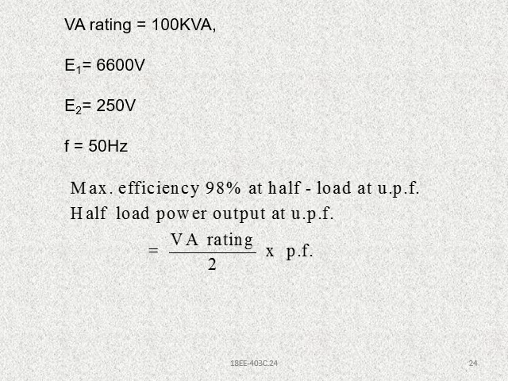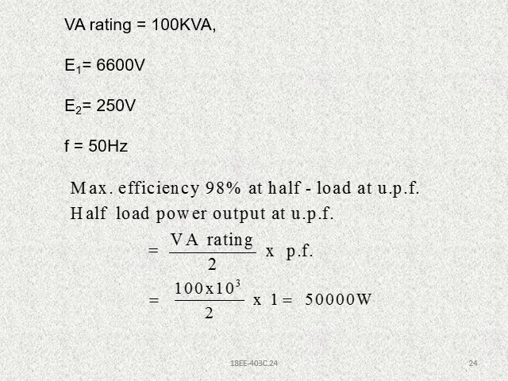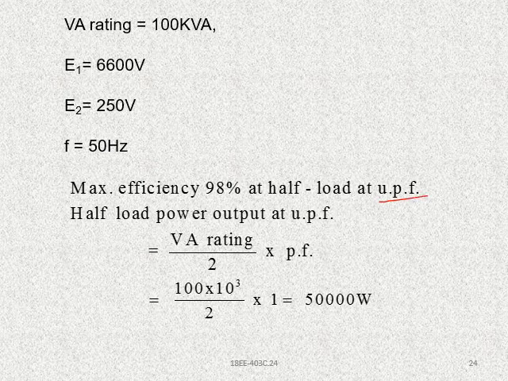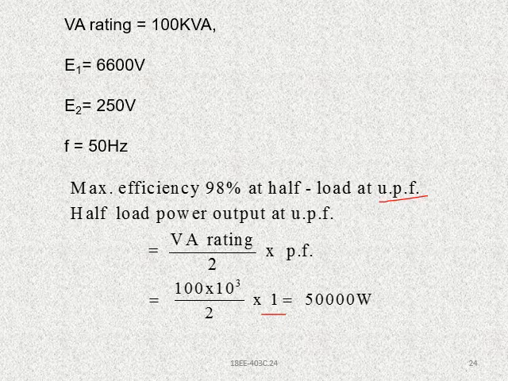If it is copper loss, we need to take half squared, but for the power it is just half. So VA rating by 2 into power factor: 100 kVA by 2, and since it is UPF, it's 1. So directly 50,000 watts. This is the power output.